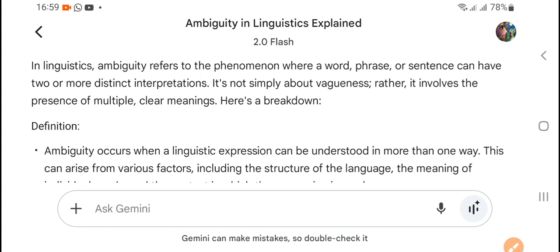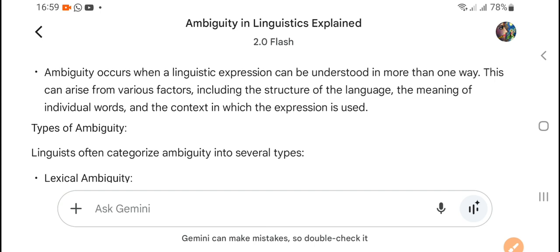Ambiguity is a phenomenon which occurs because of words, phrases, or sometimes whole sentences not being framed properly. That creates vagueness and confusion. So what's the definition? Ambiguity occurs when a linguistic expression can be understood in more than one way.